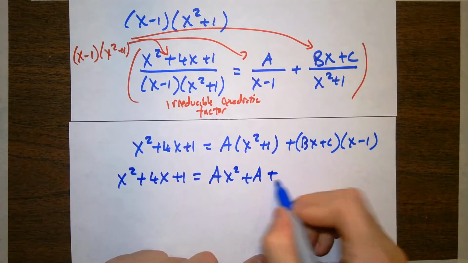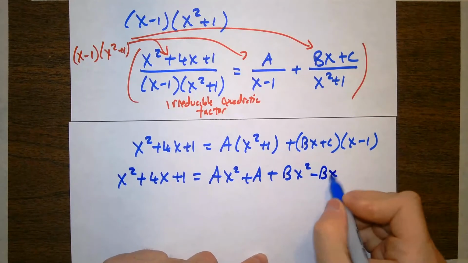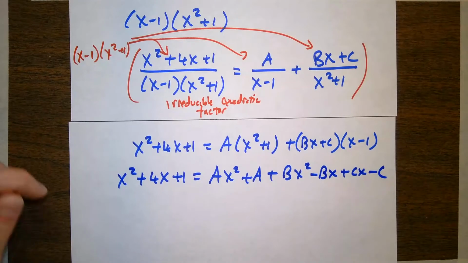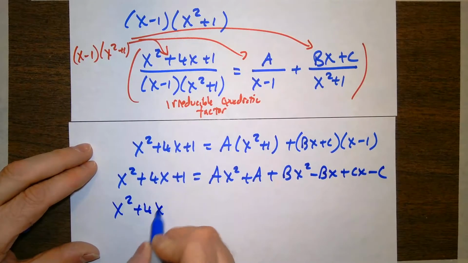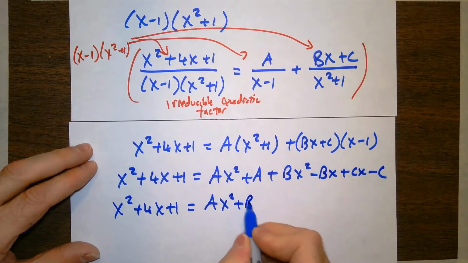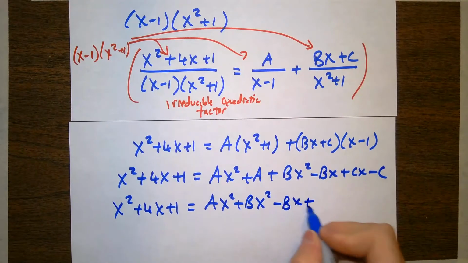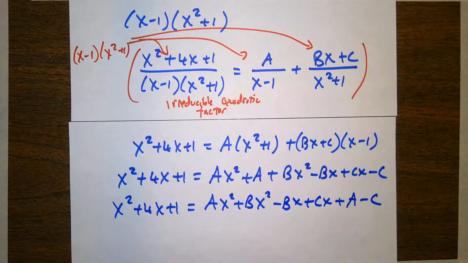If I FOIL this out, bx squared minus bx plus cx minus c. Let's group everything together on that right-hand side now. ax squared plus bx squared minus bx plus cx plus a minus c.